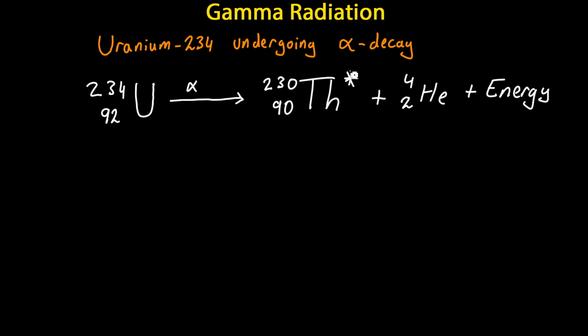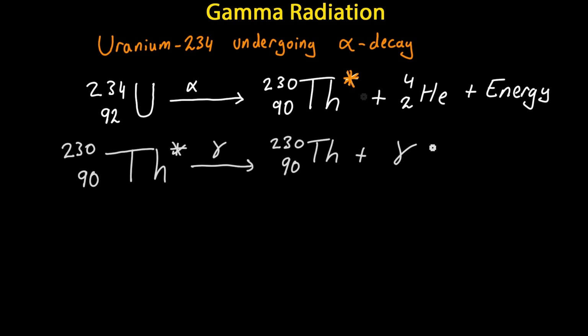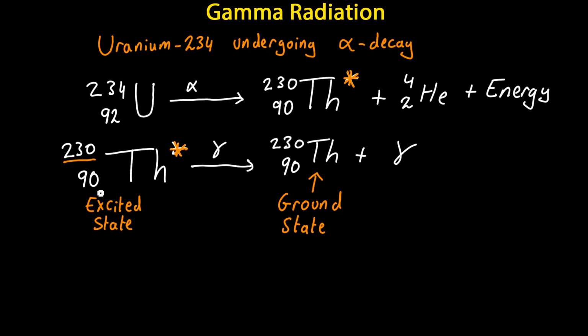But this thorium nucleus is left in an excited state, and it releases gamma ray photons to return to a stable ground state. And this is what our second nuclear equation shows us. And again, notice that the number of protons and neutrons does not change before and after gamma rays are emitted.